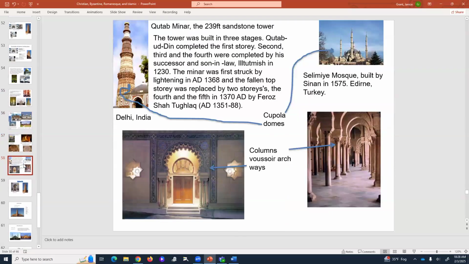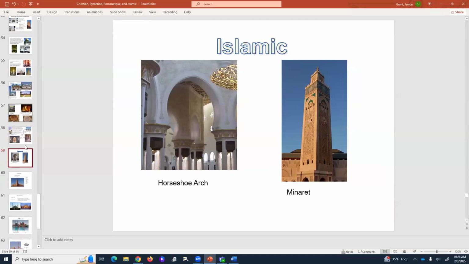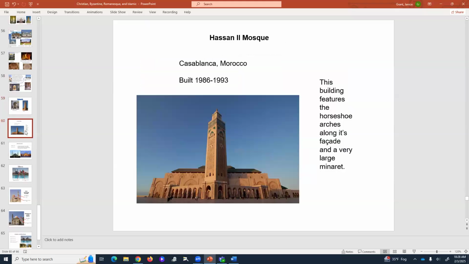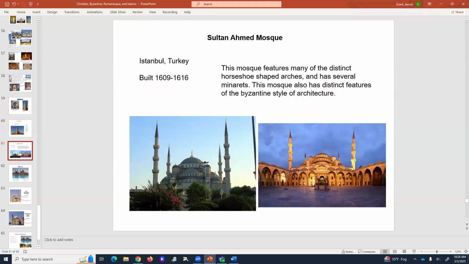You can tell by some of these pictures. What were the quick sketches on Islamic? We're coming back to that, because I'm making sure that we don't change it. As we look forward into the presentation, we do have the horseshoe shaped arch and the minarets, which you could just show as a tall, slender tower like this one right here.